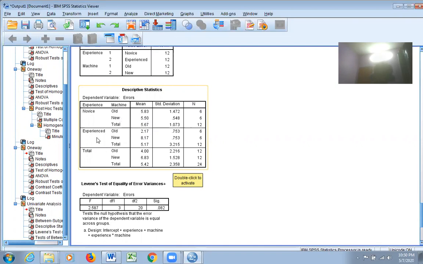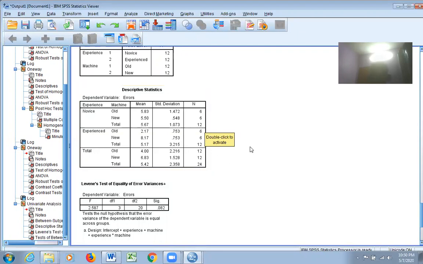But if you take experienced respondents, the mean errors they commit on the new machine is more than the mean errors with the old machine. Overall, the number of errors is less on the old machine and more on the new machine. So you could guess that some difference is there.